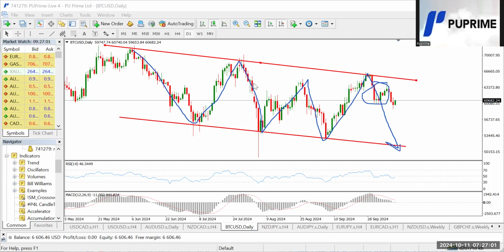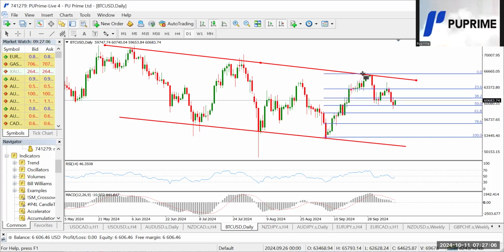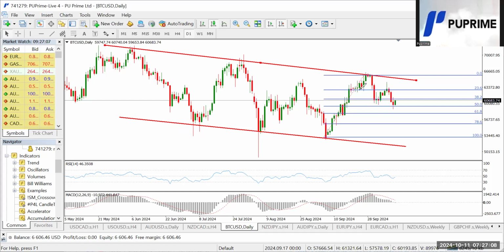But the market structure seems to be changing. Now, if you use the Fibonacci tool on this wave up from where we initially expected a decline, we'll discover that price yesterday hit Fibonacci 50 and is taking that place as a support.